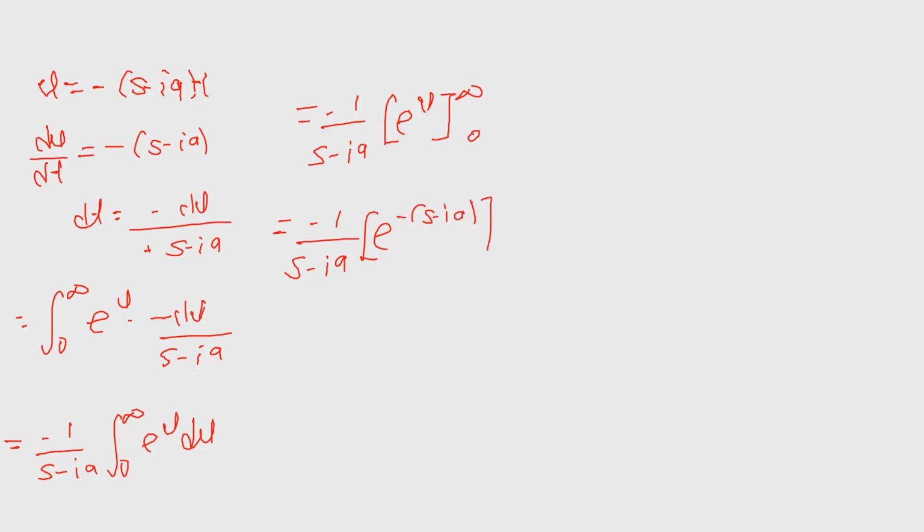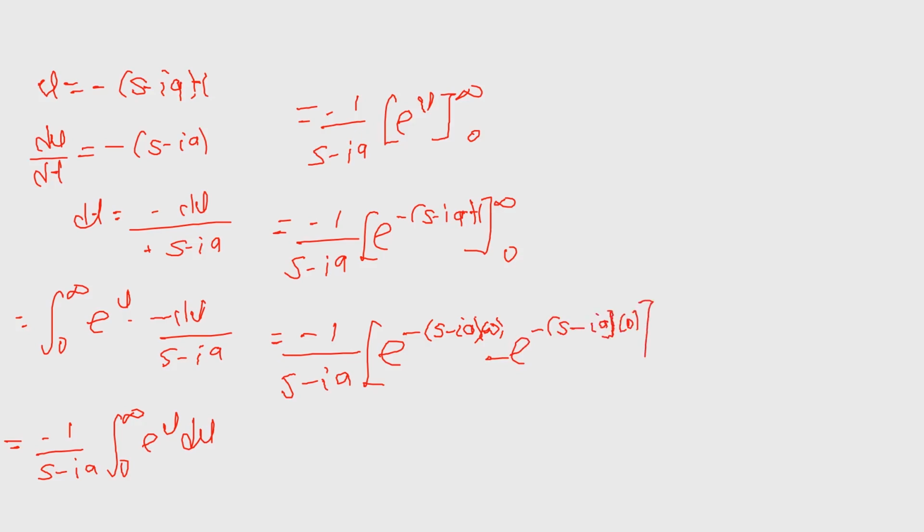So then at infinity, you have 0. You put the boundary. Into the place of t, you're going to have minus 1 over s minus ia, then e raised to the power of minus (s minus ia), open another bracket, we have infinity, then minus e raised to the power of minus ia, then you put 0.